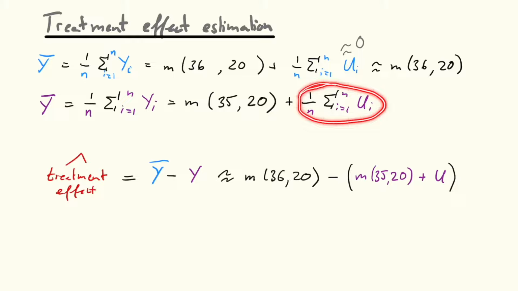This again will be close to 0 by the law of large numbers. Therefore, this will be approximately equal to m at 35, 20.